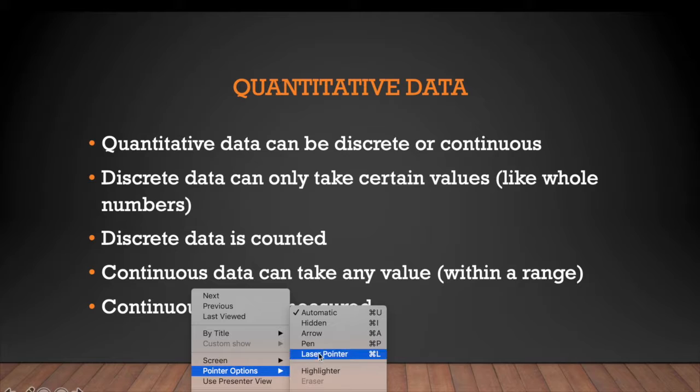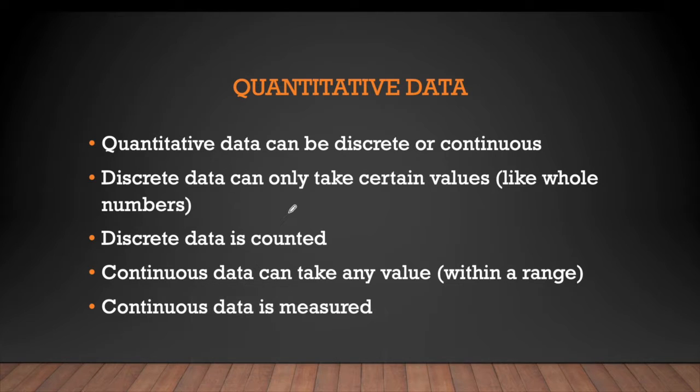Okay, discrete data is counted. All right. So basically, something that is counted is discrete data. In the meantime, continuous data can take any value within a range, and the keyword is continuous data is measured. So something that is counted is discrete data, and something that is measured is continuous data.